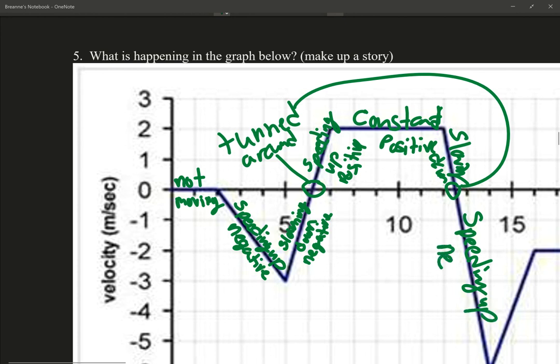But remember, you're in the negative now. Right here, your numbers are getting smaller, so you're slowing down. Still in the negative.